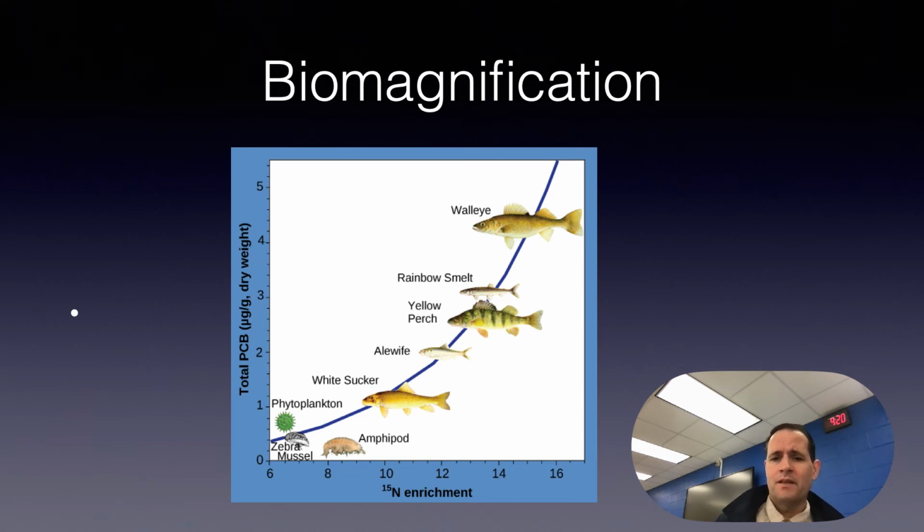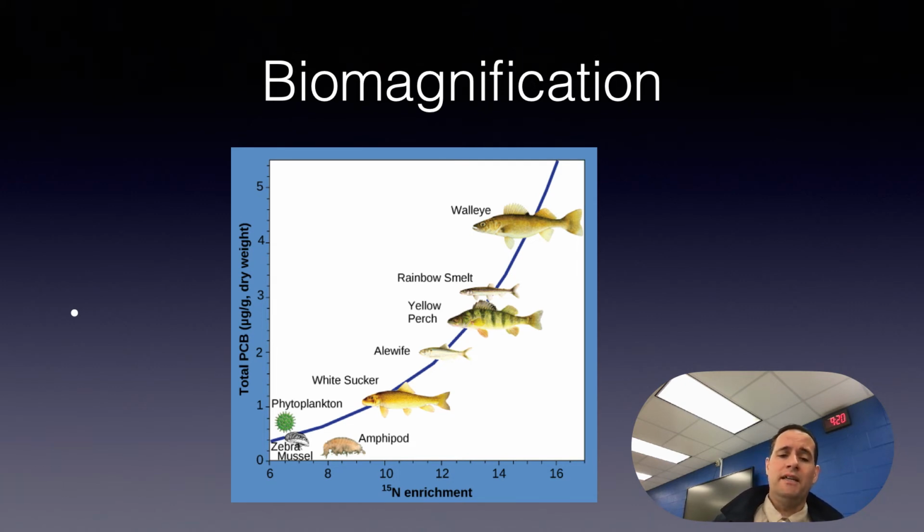Okay, and we were able to figure all this stuff out by studying and measuring these different things. So with PCB concentrations, they increase from the ecosystem's primary producers, which are phytoplankton, through the different trophic levels of fish species. And the apex consumer, we called it the walleye, has more than 4 times the amount of PCBs compared to phytoplankton.